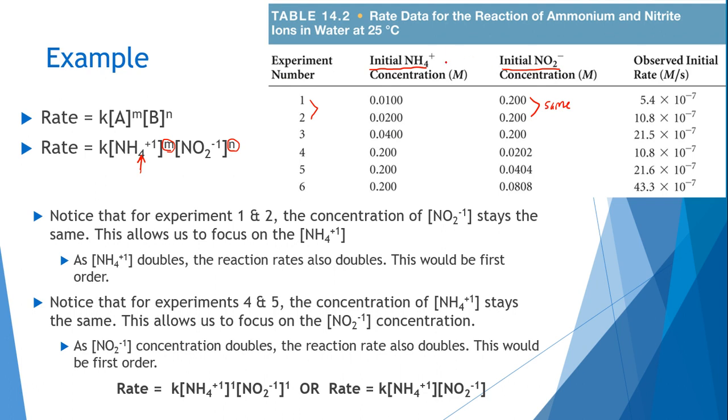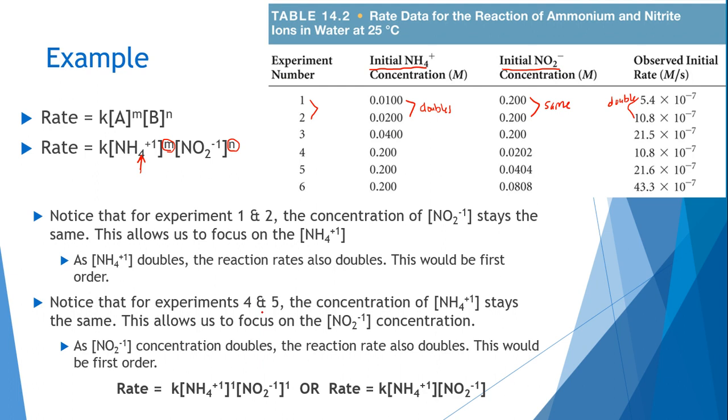This allows us to focus on ammonium and determine it. Here, we see that this doubles, and we look at our reaction rate, and we see that this doubles as well, which tells me that since this doubles and the rate is proportional, it doubles as well, this is a first order reaction.